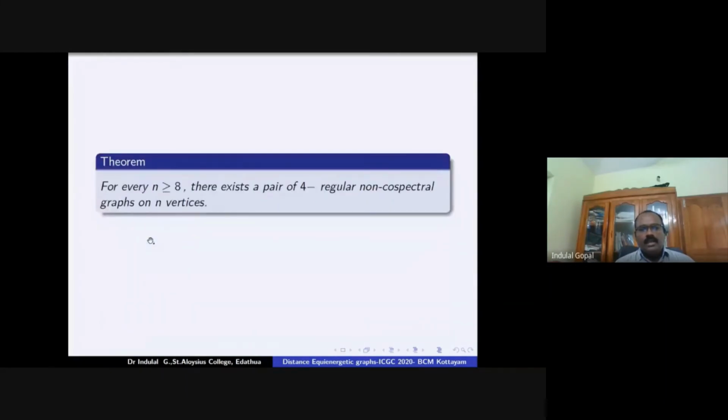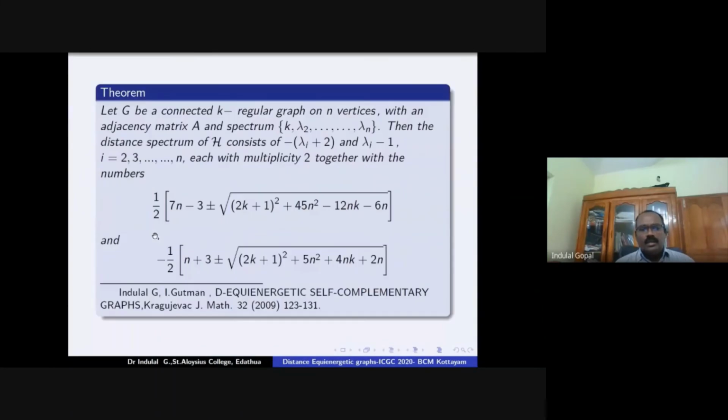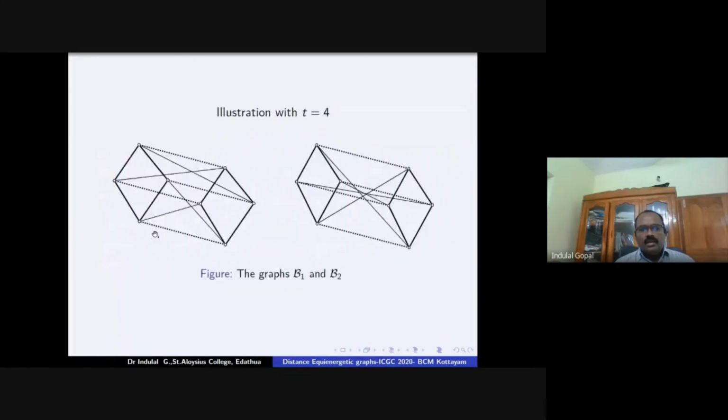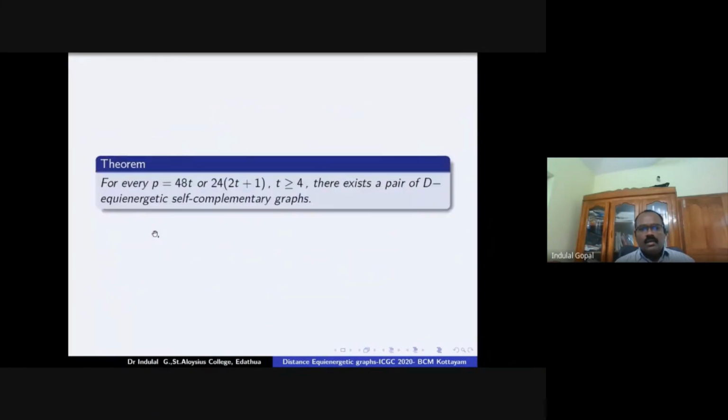From that, we proved that for every p equal to 48t or 24(2t+1), t greater than or equal to 4, there exists a pair of D equi-energetic self-complementary graphs on p vertices.